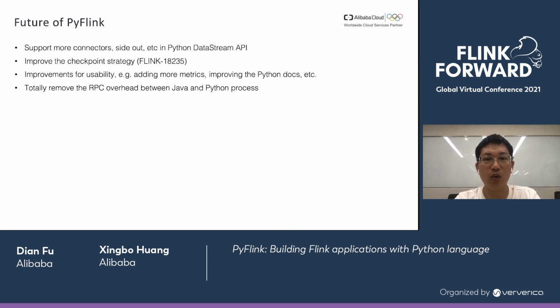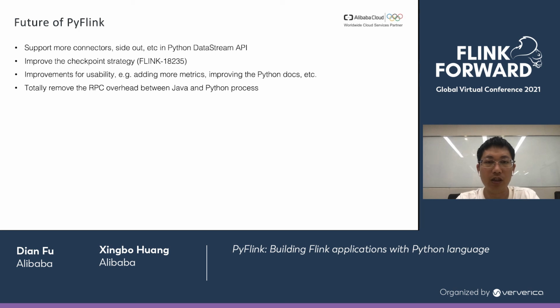Another area we need to improve is the checkpoint strategy. It contains two processes for each Python operator, and it processes the elements in a pipelined manner. When performing a checkpoint, it needs to process all the data buffered in the pipeline.